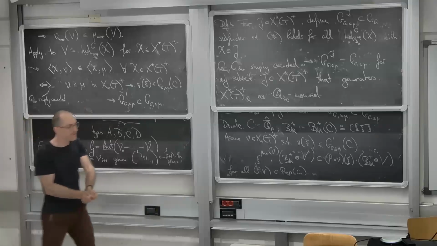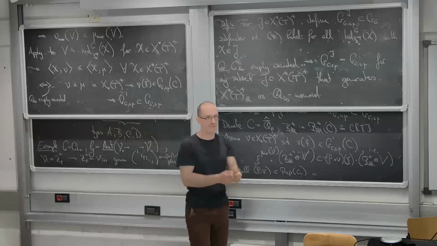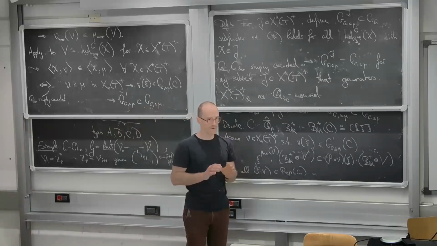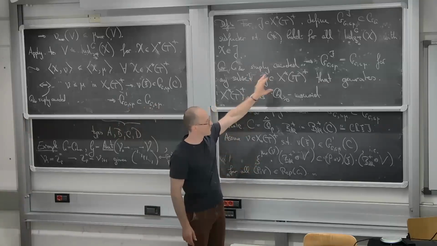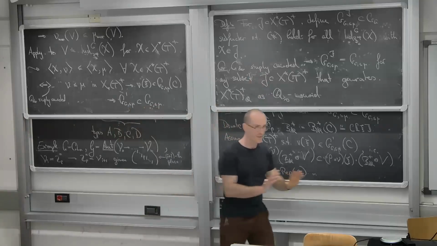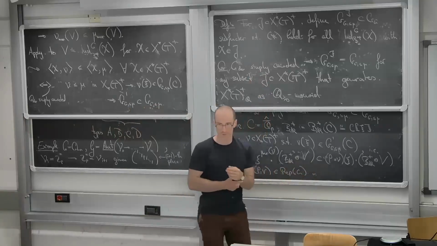And if you do this, you exactly end up with the representations you see in the local model picture. So for minuscule mu, a refinement of that corollary produces exactly the conditions from the local model literature.